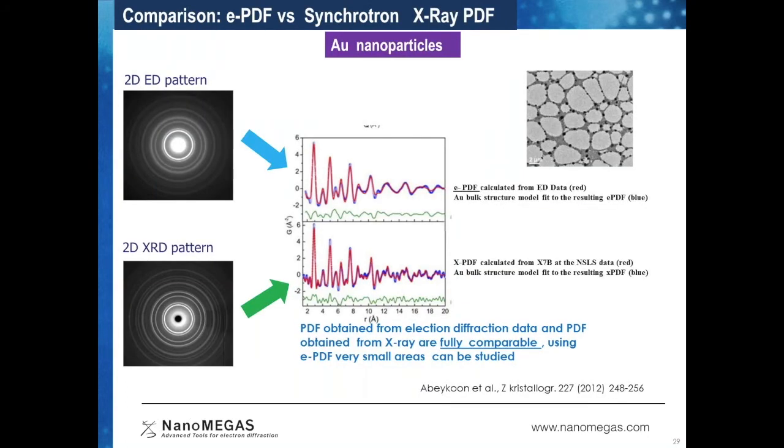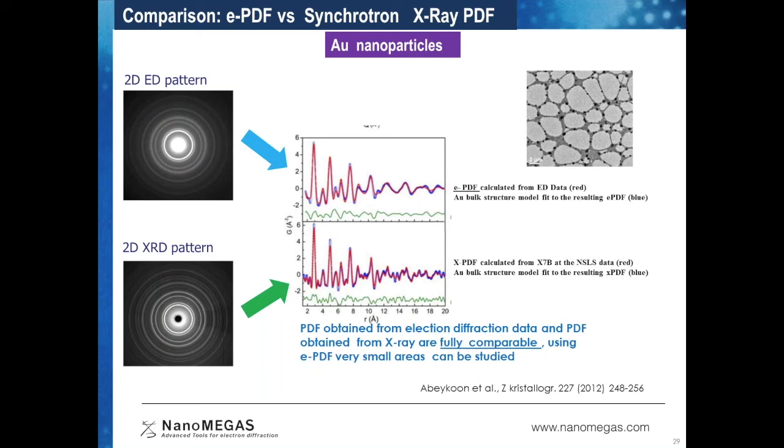Now, how close are the results obtained from two different sources, XPDF and ePDF? For this, we have taken a recent example where gold nanoparticles were deposited on a holey carbon grid, and a 2D electron diffraction pattern was collected. From the same gold nanoparticles, powder diffraction data was collected at the beamline.